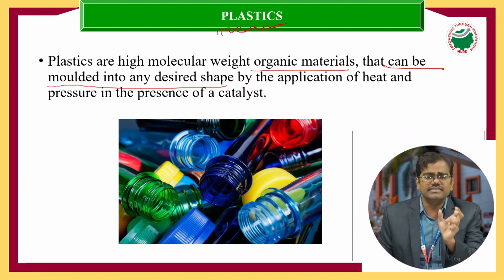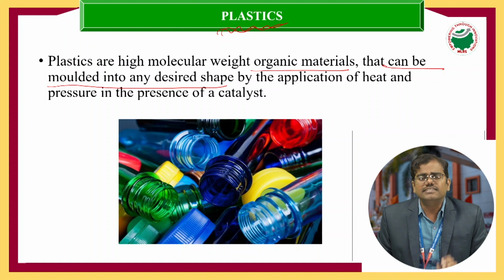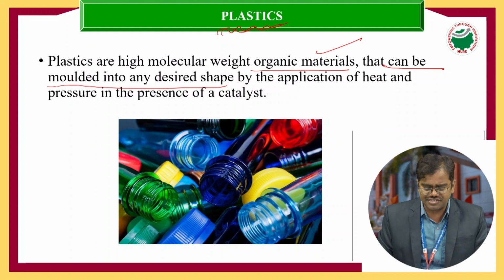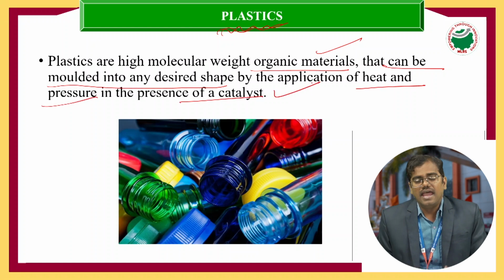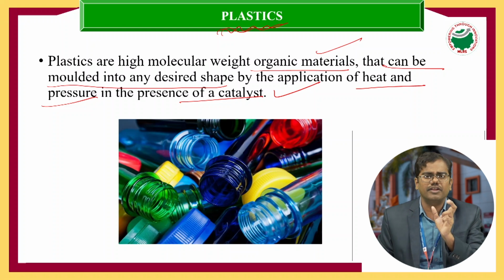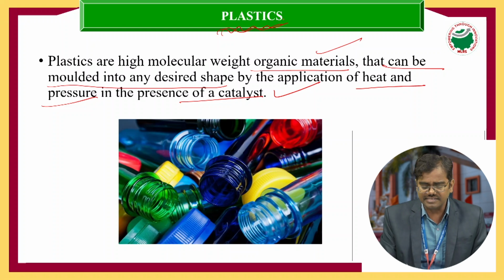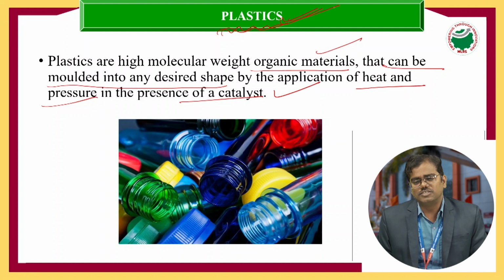Plastic material is also one type of higher molecular weight compound. We can give it any shape by applying heat and pressure in the presence of a catalyst. Such higher molecular weight organic substances we call plastic materials. Please understand, plastic material is also one type of polymer.